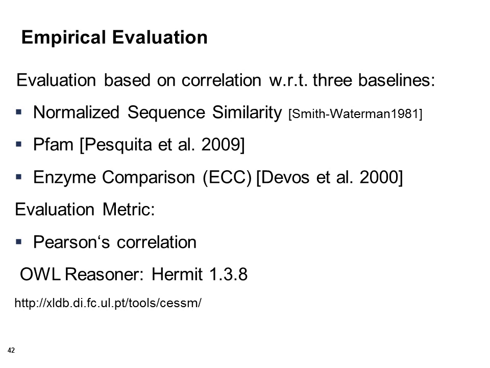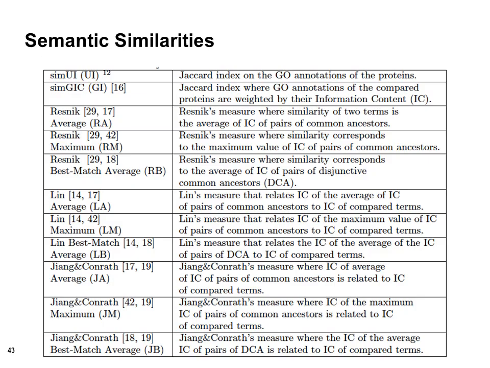We consider three baseline measures: the normalized sequence similarity, Pfam, and the enzyme comparison, ECC, and we report on the Pearson correlation. HermiT is the OWL reasoner of our approach.